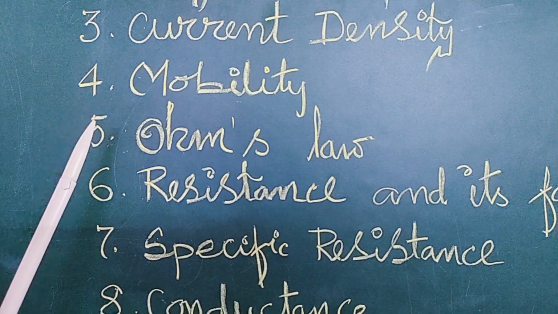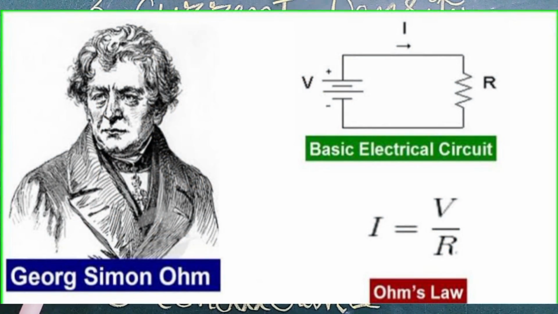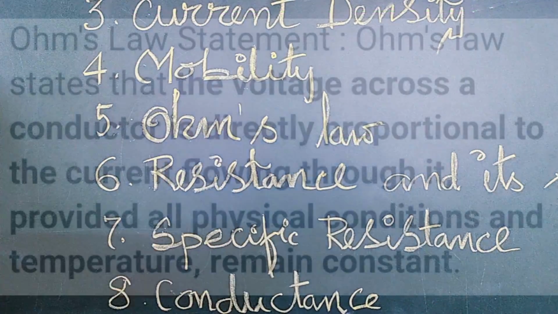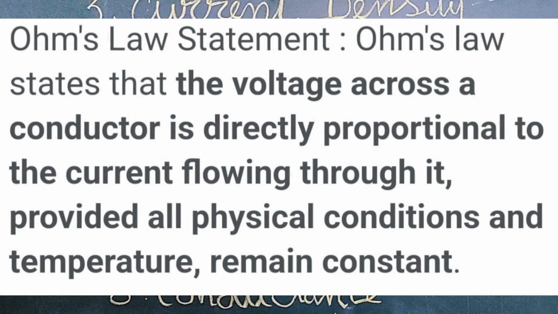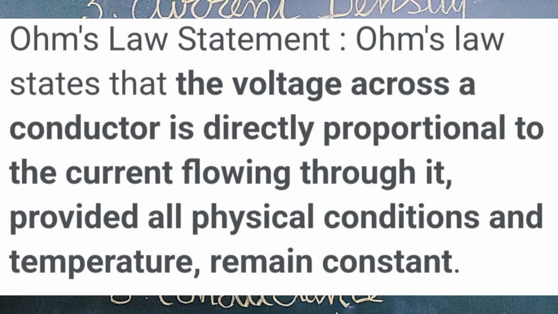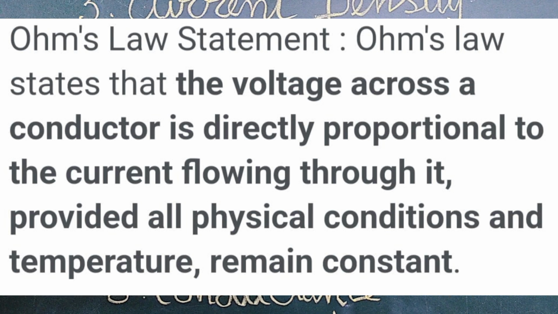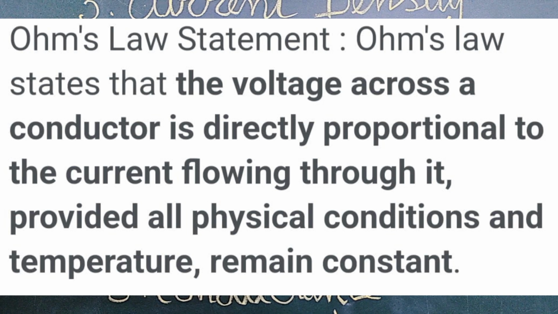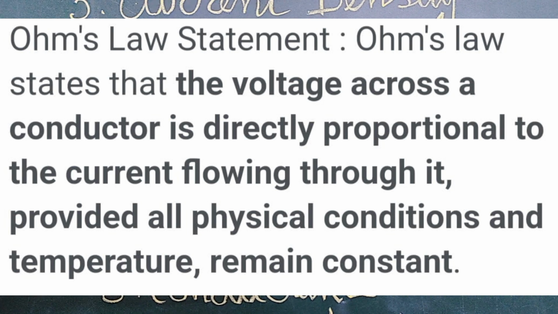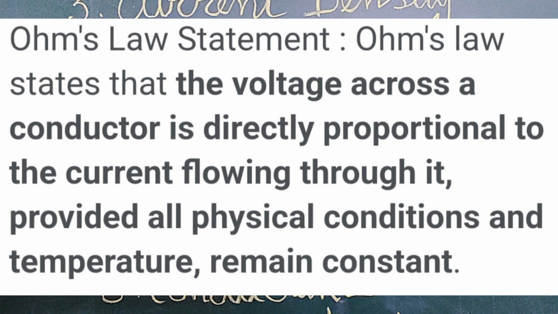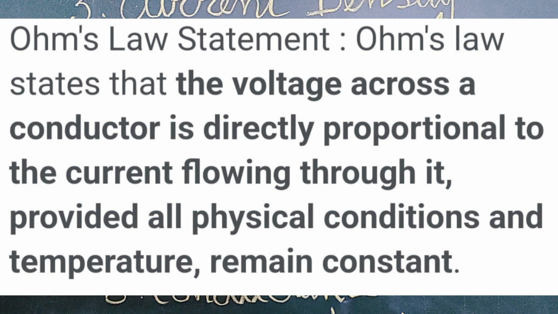Now topic number 5, a very important topic, Ohm's law. Ohm's law says that the voltage across a conductor is directly proportional to the current flowing through it, provided all physical conditions and the temperature remain constant.